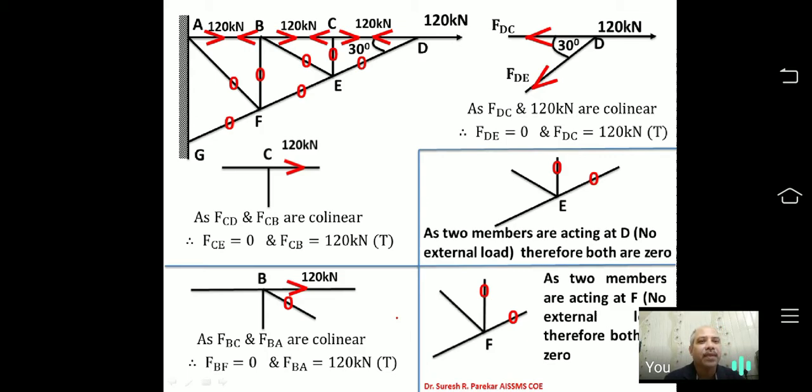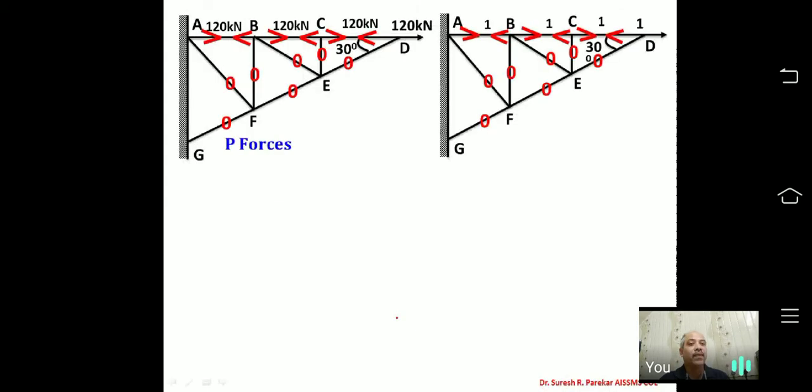If I divide 120 by 120, that is 1, and I divide all the force members by 120, it gives me K values. So CD, CB and AB have unit force, again tensile. When you go for competitive examinations, if you have problems like this, you should be careful. You need not find K forces separately; you can directly use them.